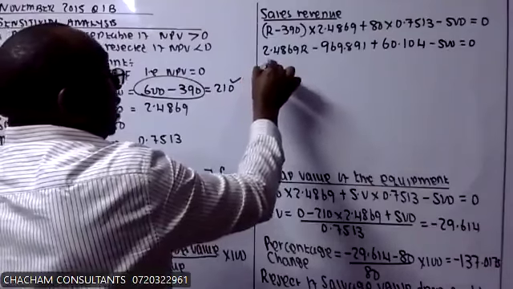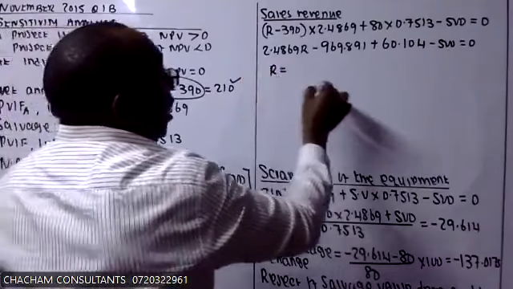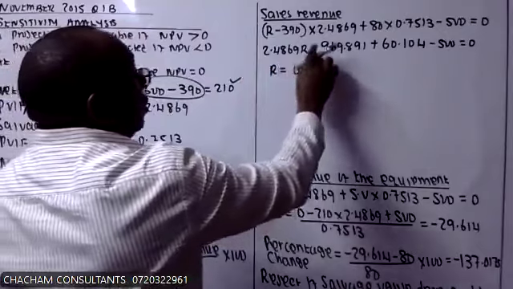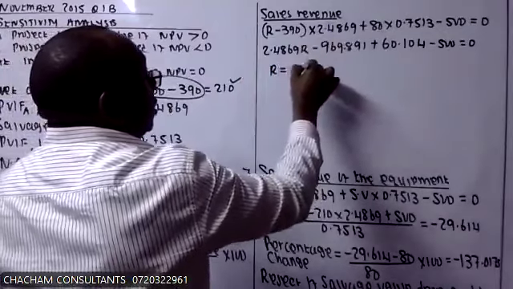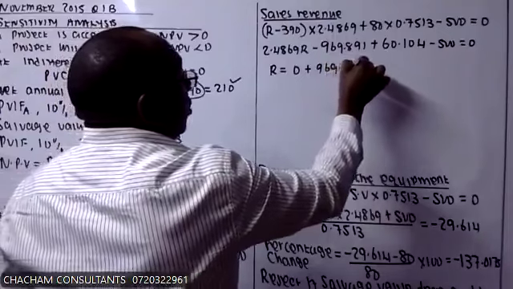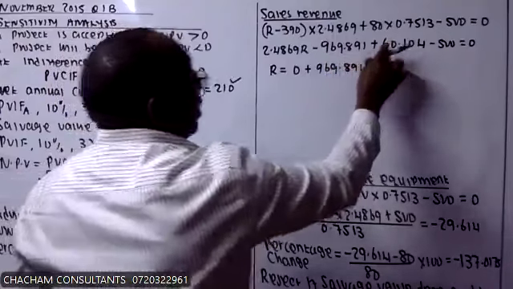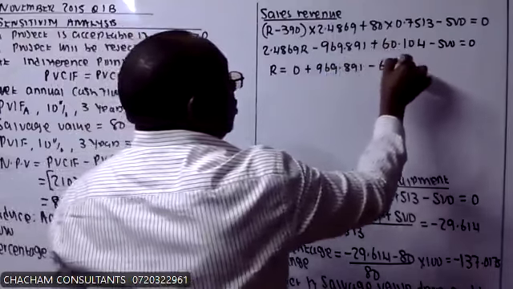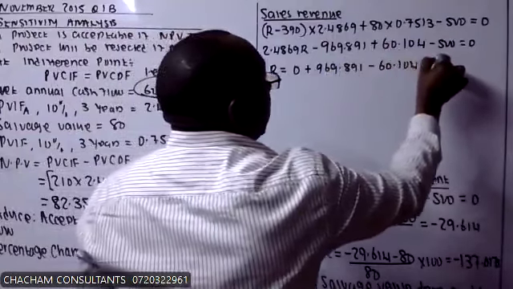So how do I get R? R will be 0. Hii rudi huko itakuwa positive 969.891 na hii itakuwa negative 60.104 na hii itakuwa positive.